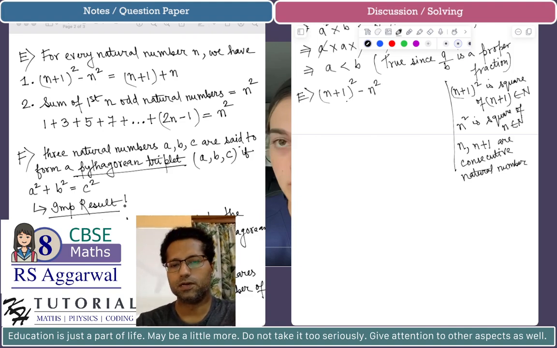So what is n plus 1 square minus n square? These are the squares of two consecutive natural numbers.